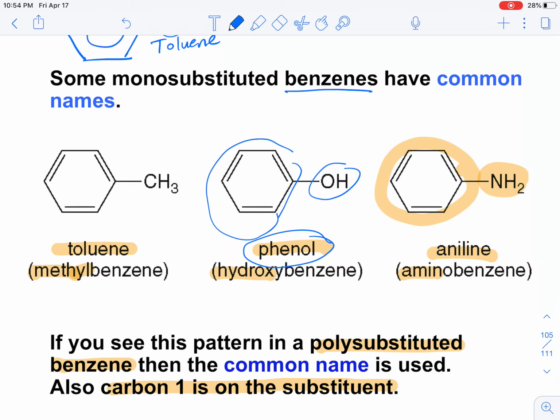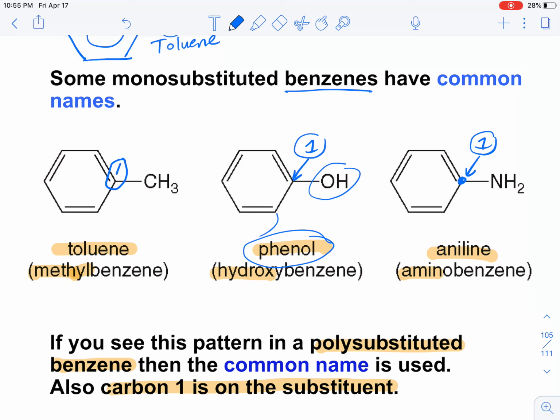So for example, if you're saying toluene, this right here is automatically carbon 1. And finally, this guy right here is automatically carbon number 1.